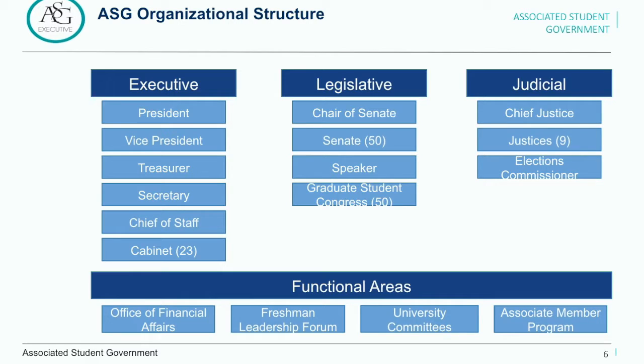Judicial consists of the justices, the chief justice, and the elections commissioner. And then we have functional areas, which is where OFA falls underneath. So OFA, the Freshman Leadership Forum, University Committee appointments, and the Associate Member Program are all functional areas within ASG.